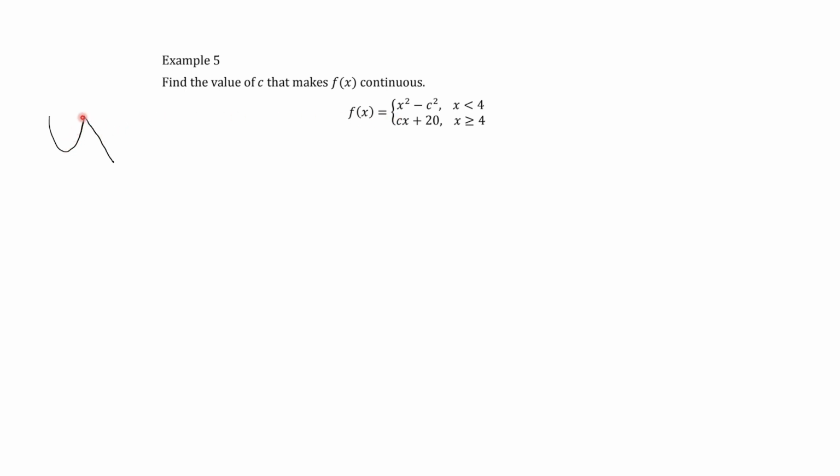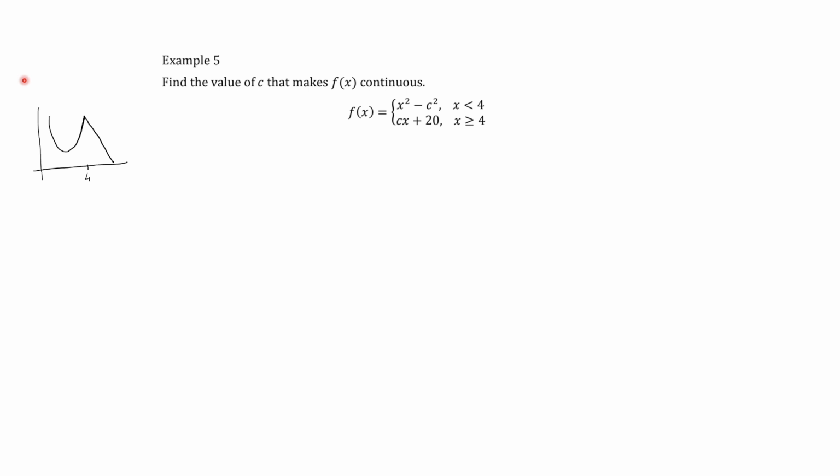We want the parabola to meet exactly where the line starts. Of course, this is not going to be accurate, but this is what the function is going to look like. And of course that's going to happen where x is equal to 4. Let's take a look at the situation here.